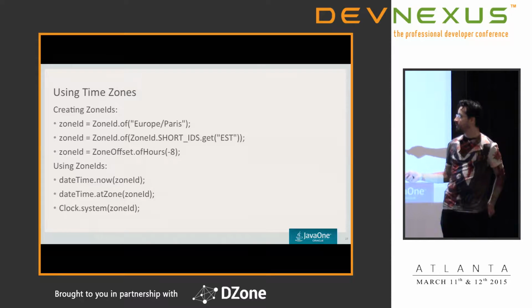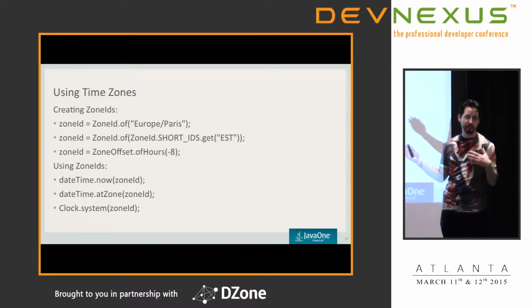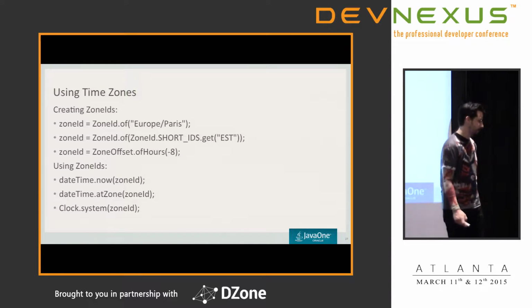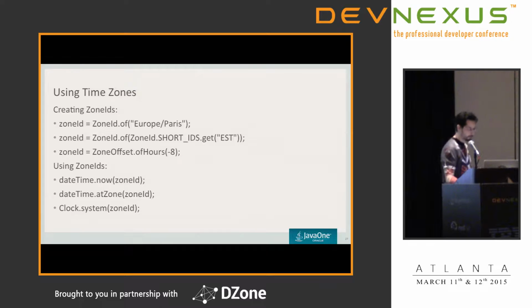And zone IDs are used by either doing a datetime.now in a zone ID, or you can do at zone, or you can actually get your current time in a current zone ID. So basically, most of the methods you can pass in a zone ID and get it for a local zone.